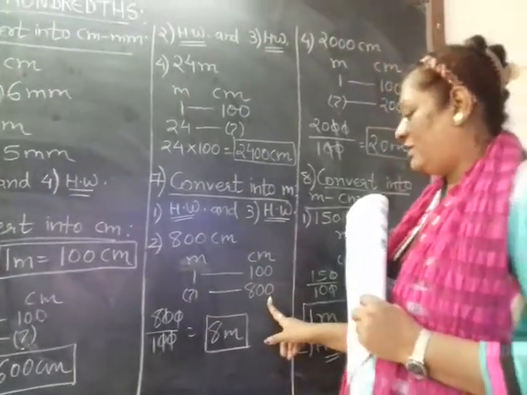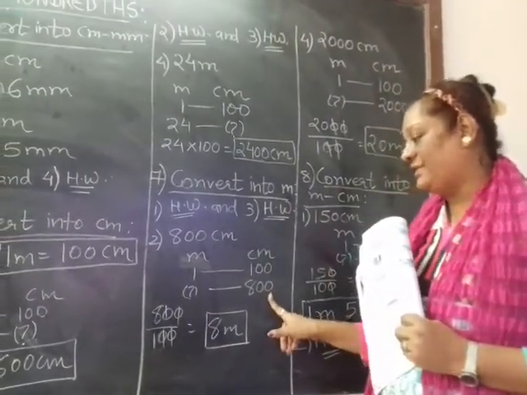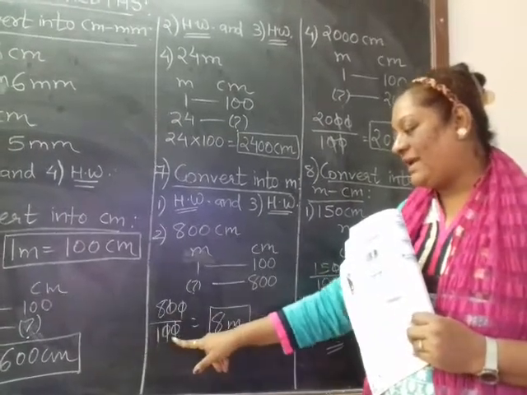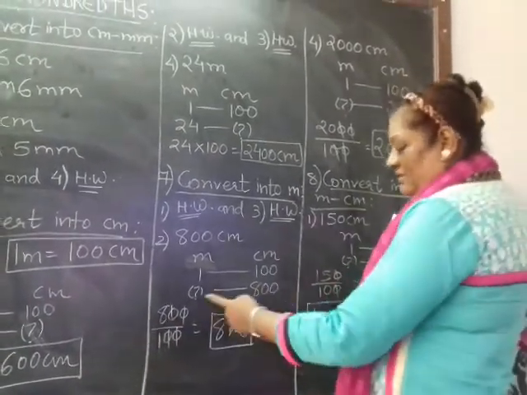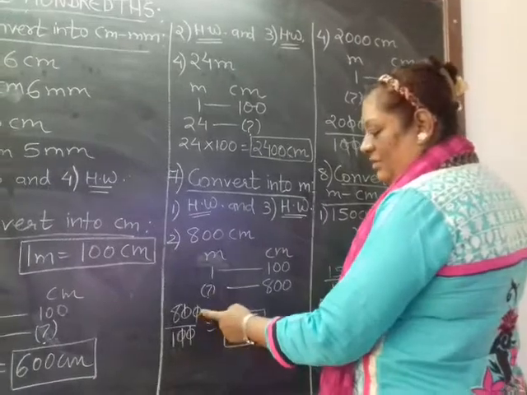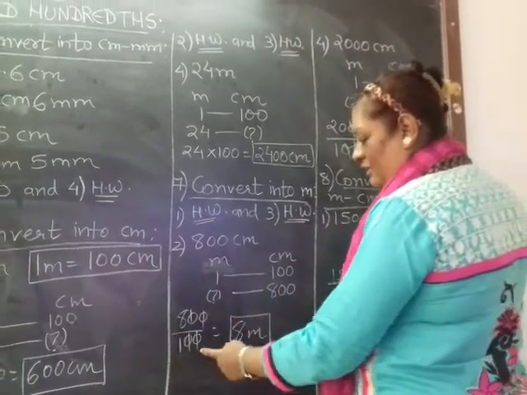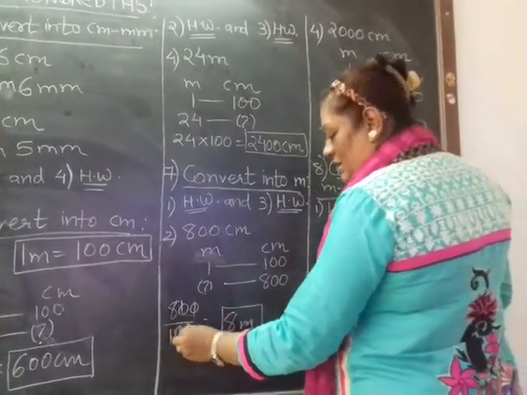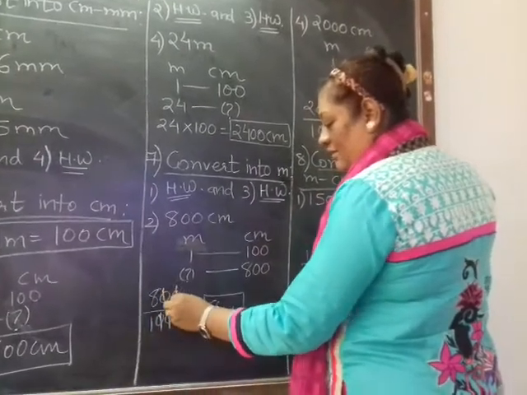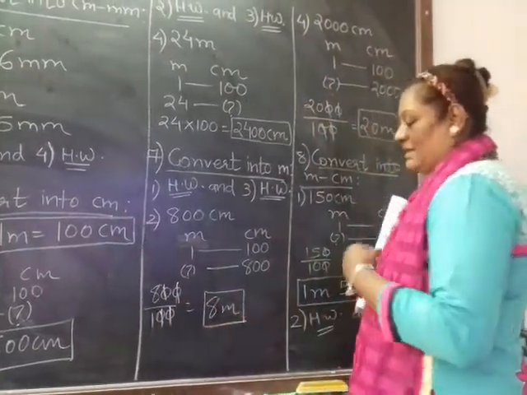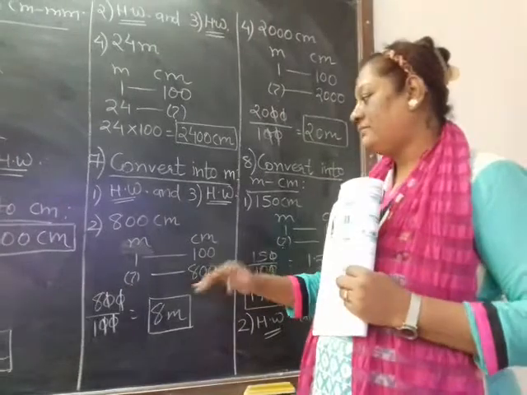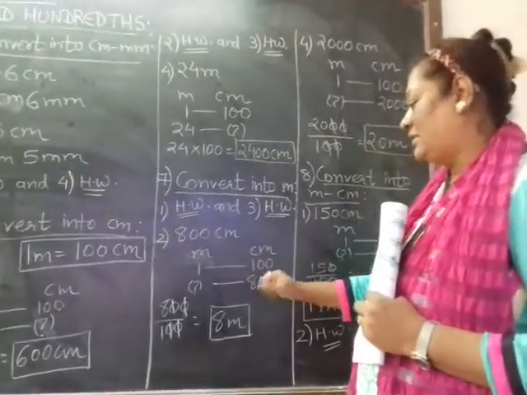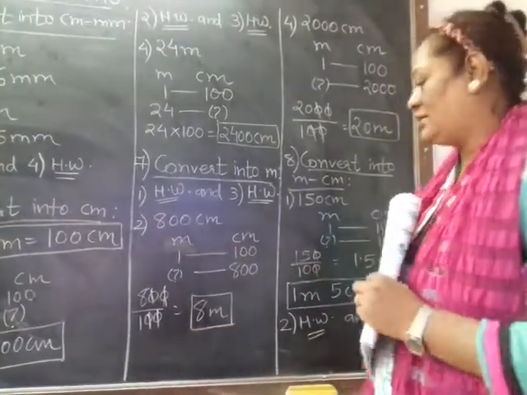So what if 800 centimeter is given? 800 will be divided by 100. The number which is written opposite to the question mark will be your numerator and 100 will go into the denominator. See, in 100 there are 2 zeros, in 800 also 2 zeros, cut the common zeros, your answer is 8 meter. But this is the way we solve the sum.